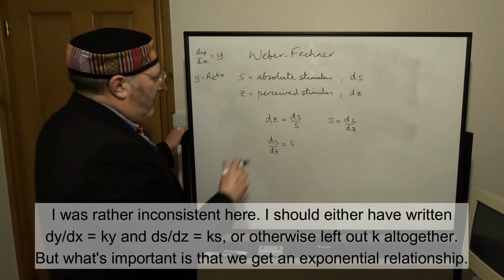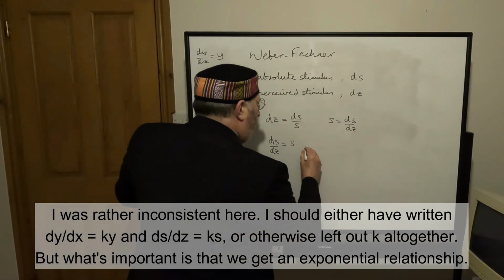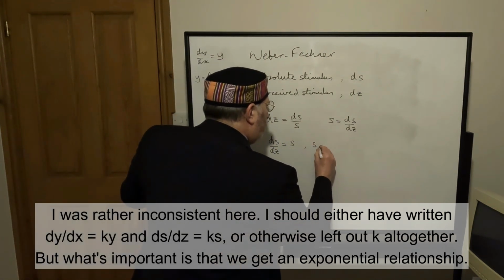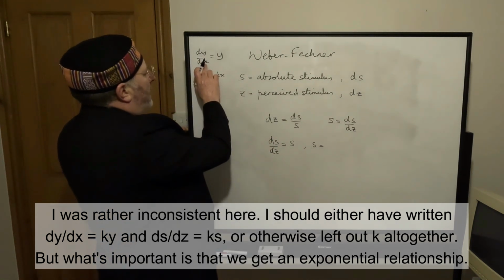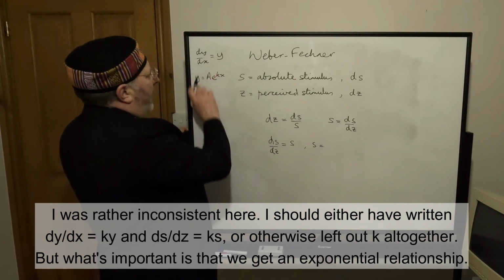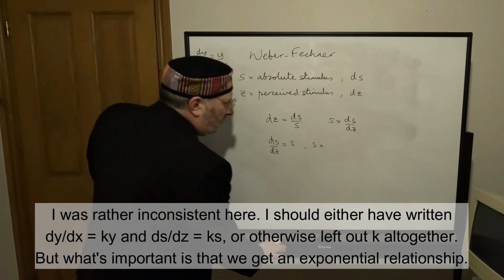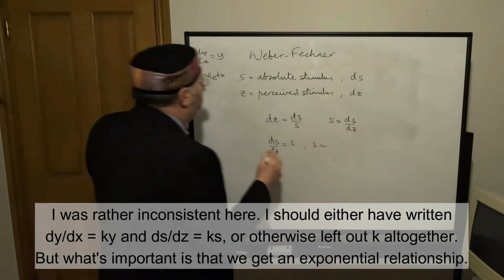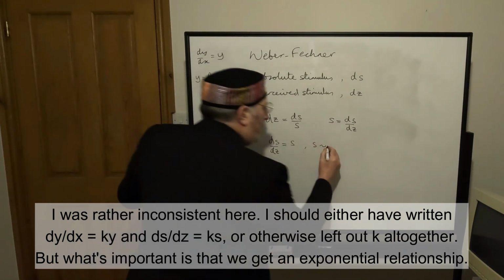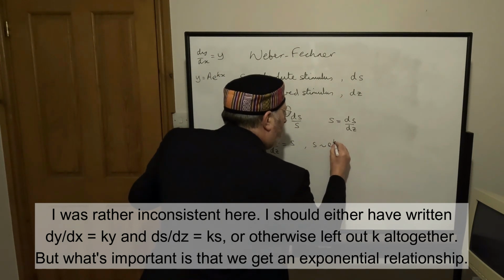So in this case, S plays the role of y, and z plays the role of x. So we're going to have S proportional to e to the kz.